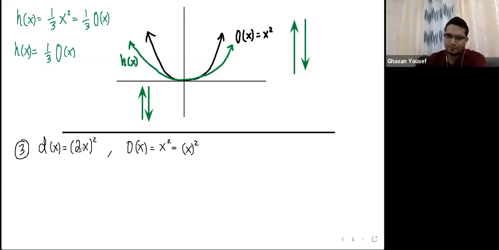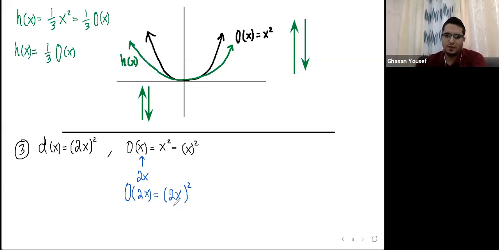When you see an exponent for the number, like everything raised to the exponent like this example, this means you have to substitute, or you have to multiply inside. So here I can plug in 2x instead of x. When I plug the 2x inside, I get O of 2x equal 2x everything squared.